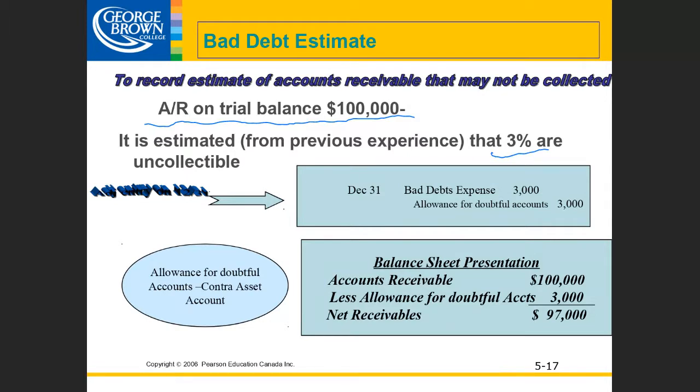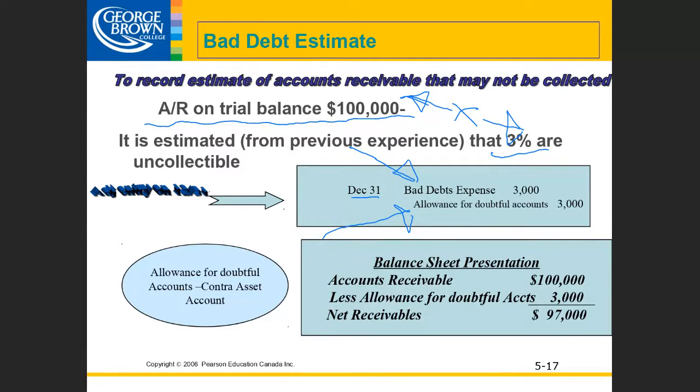So we'd take $100,000, multiply it by 3%, and we would get an allocation for the year of bad debts. On December 31st, we would debit our bad debts expense by $3,000, and we would credit our allowance for bad debts or doubtful accounts by $3,000.